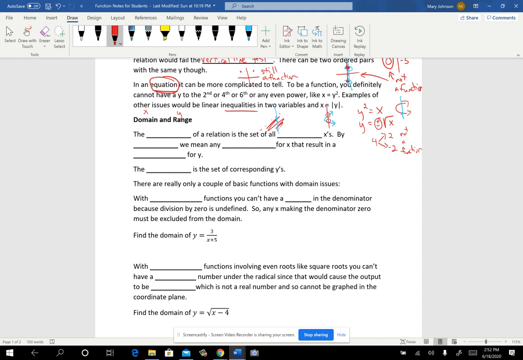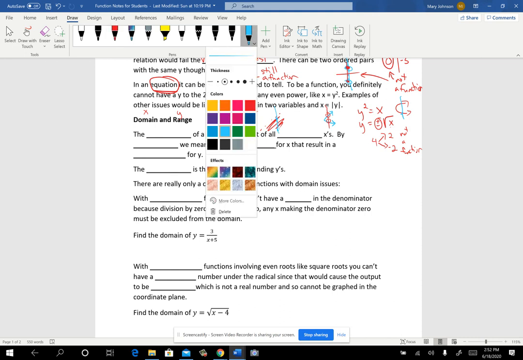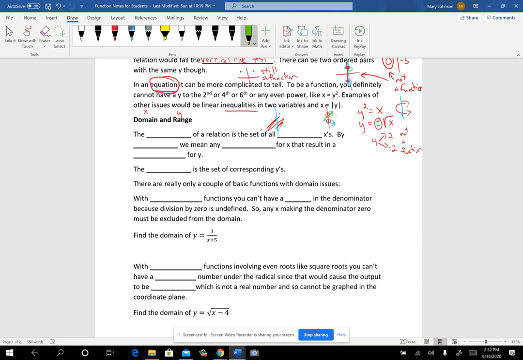If you have a graph like we do, let's just look at one of these. If we look at this one, see that absolute value? If you think of that as a bunch of ordered pairs, if you could imagine what the x's of those ordered pairs are, all of the x's, that's your domain, and then the y's would be your range. All right, so let's go ahead and fill in the notes on that.